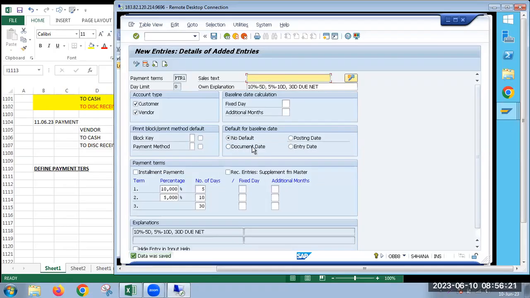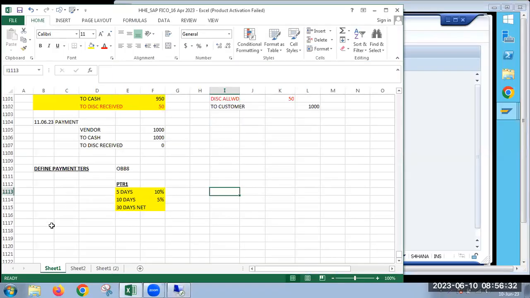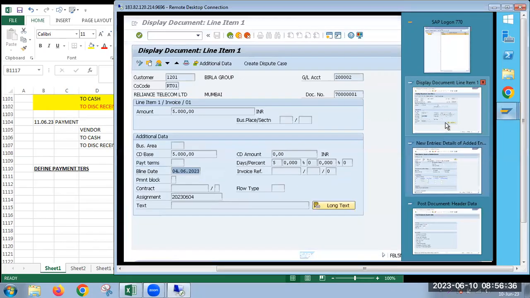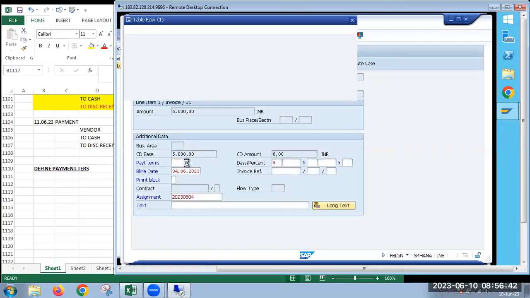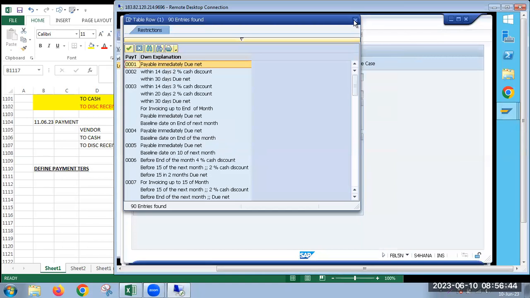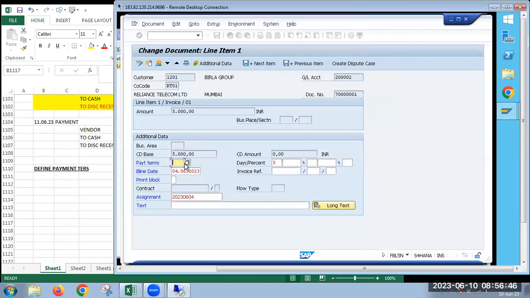Oh, here it is not default. Okay, we'll go for posting date. Okay, permanent. Now, at the time of transaction, we have to specify. Even directly also we can specify. Either you can go for the transaction, then we can specify here PTR1.